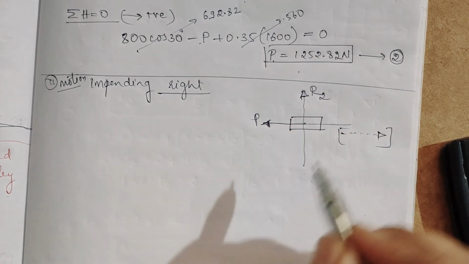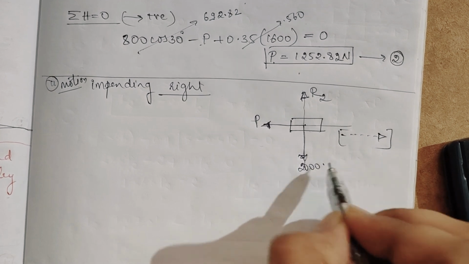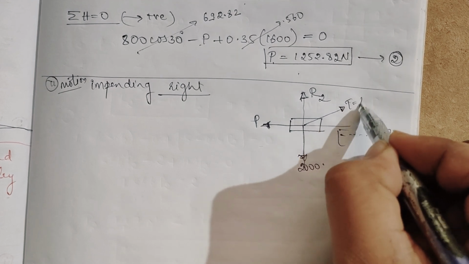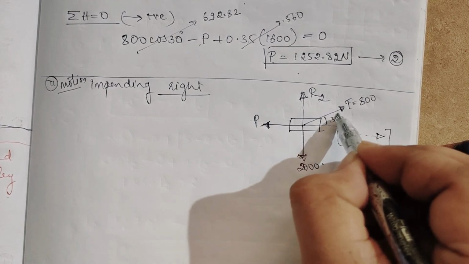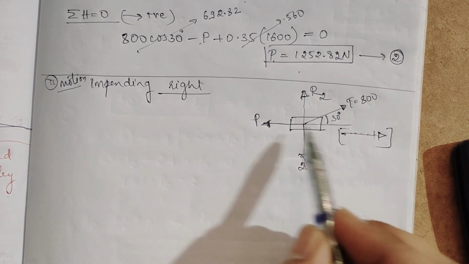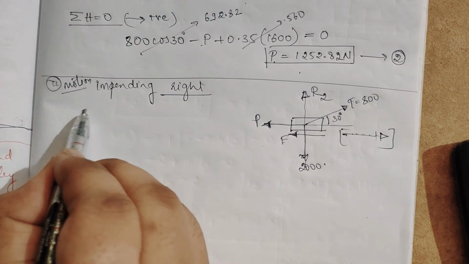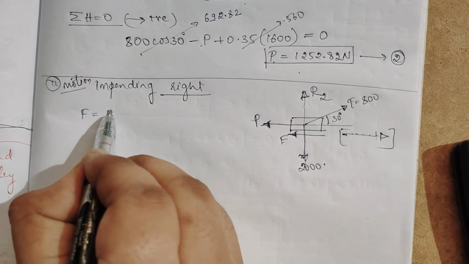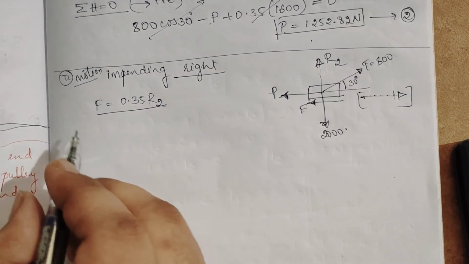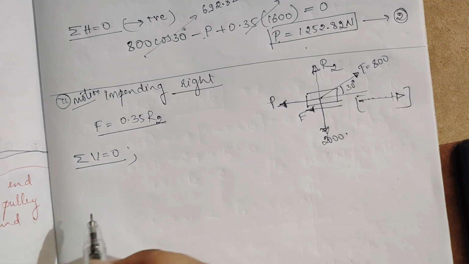So for this I will take R2. The weight will be 2000, then the T force will be 800, and this will be 30 degree. Now the friction force, it is impending this side, so we have to take the friction on this side. Here also F is equal to 0.35 R2.